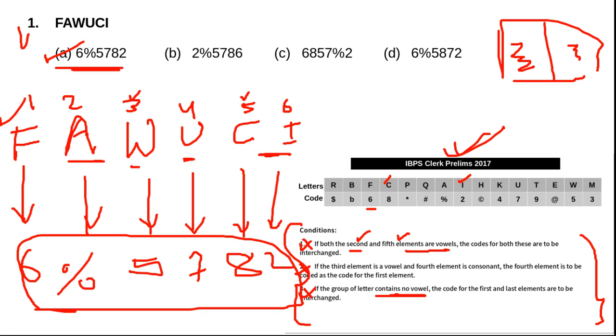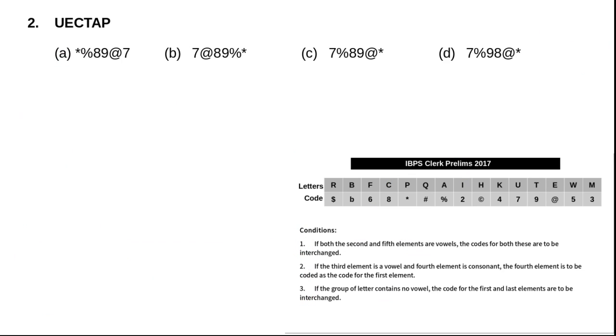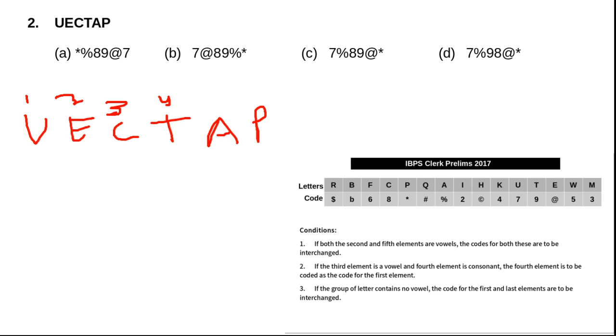Next question: U, E, C, T, A and E. Label this with numbers 1, 2, 3, 4, 5 and 6. Okay, so we'll read the conditions first.